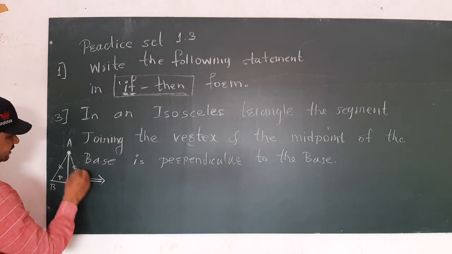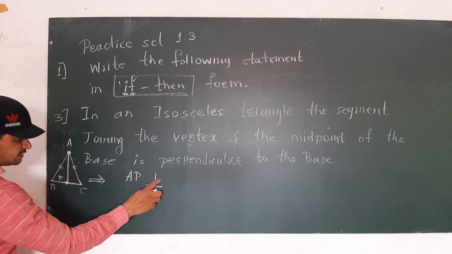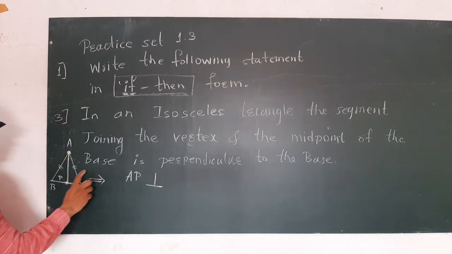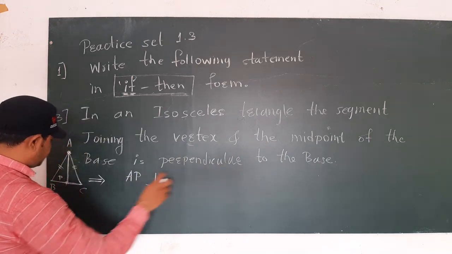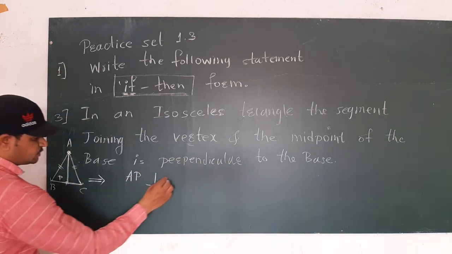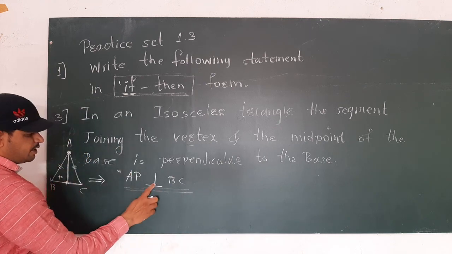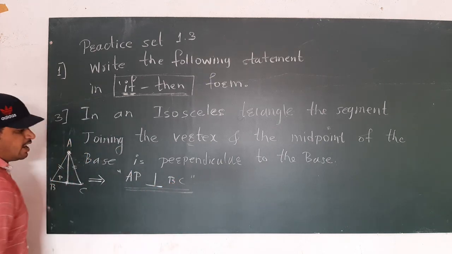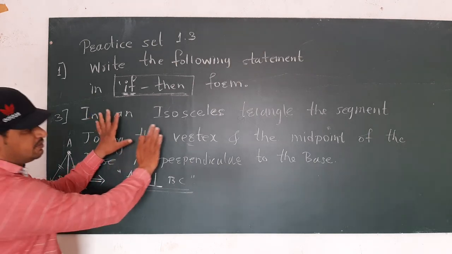In geometry, we write AP is perpendicular, with the sign of perpendicular. The segment joining the vertex and the midpoint of the base is perpendicular to the base. What is the base here? Base is BC. So AP is perpendicular to BC after joining the vertex and the midpoint of BC. This is the statement.